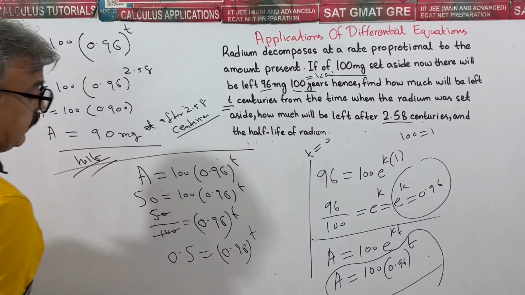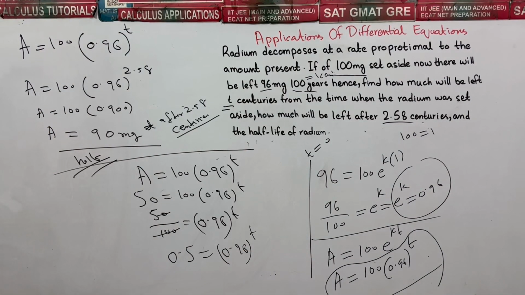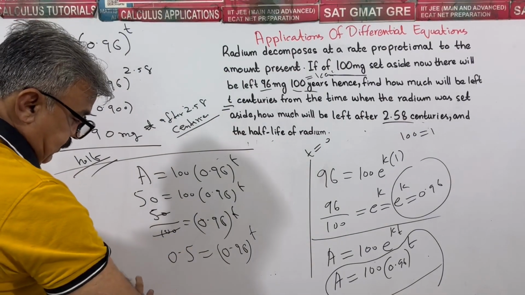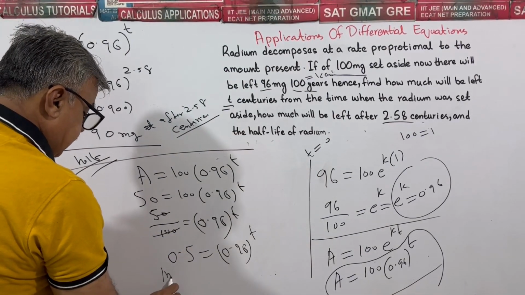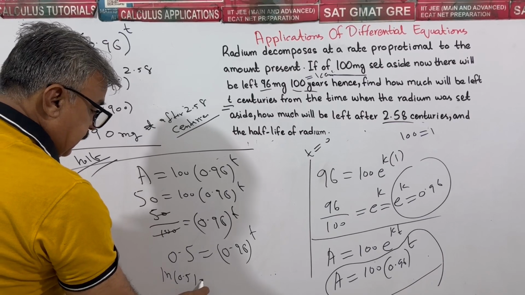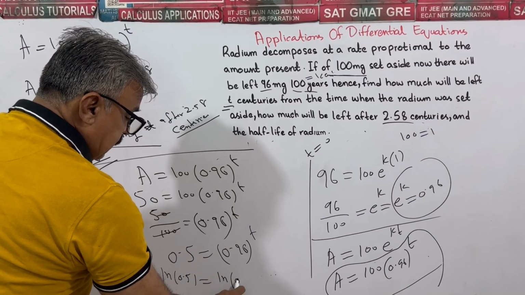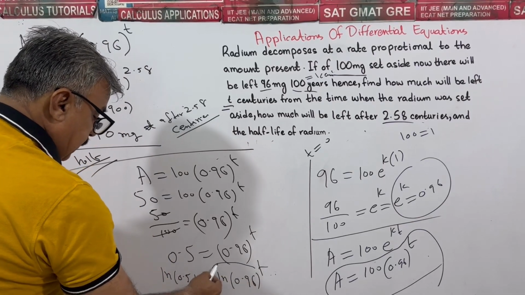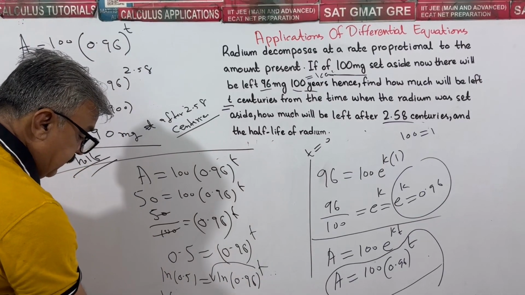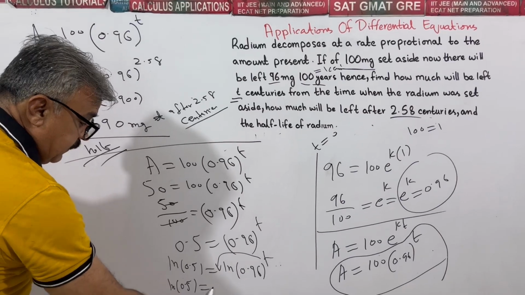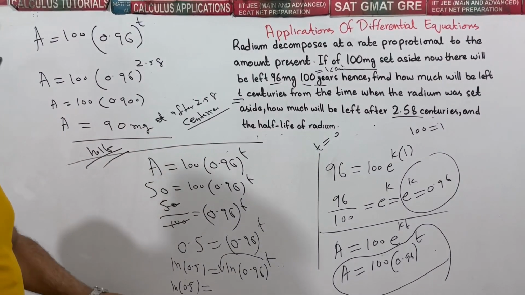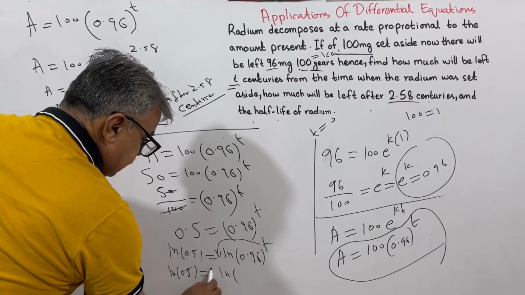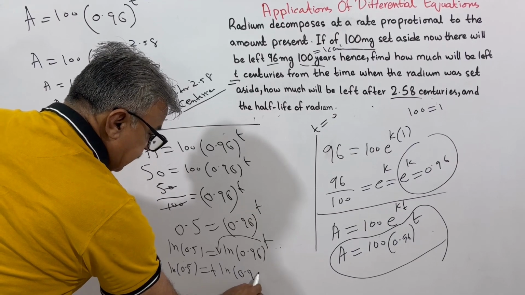Now the variable we have to determine is in the power. To bring the power down, introduce ln on both sides. I have ln 0.5 is equal to ln of 0.96 raised to t, so the power becomes a coefficient: ln 0.5 is equal to t times ln 0.96.